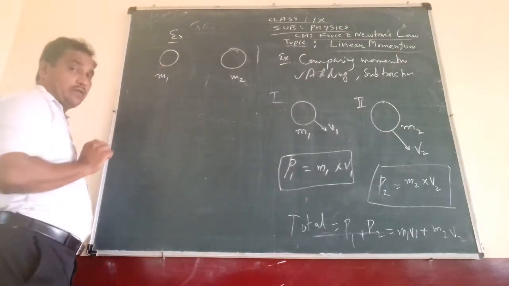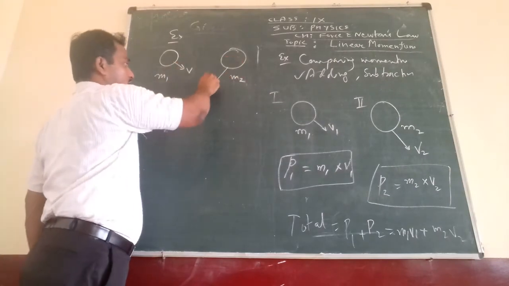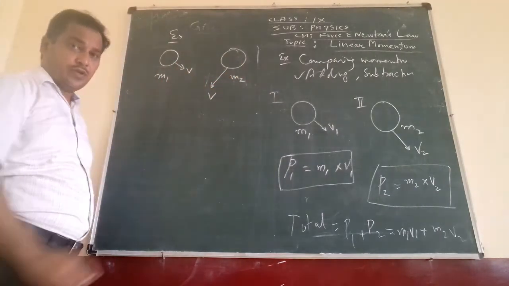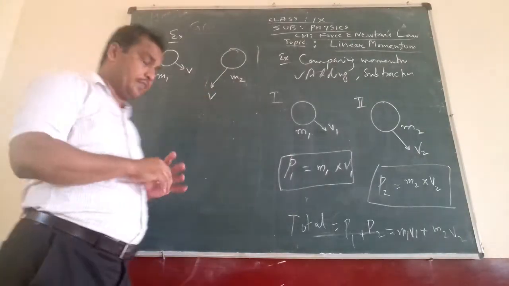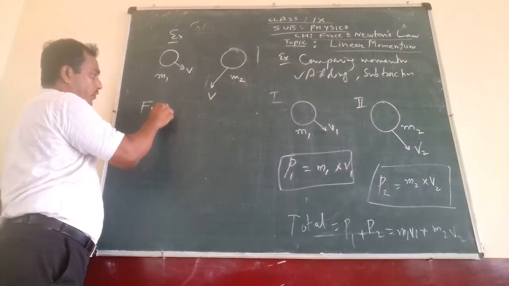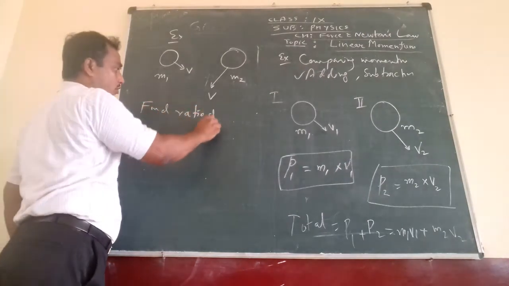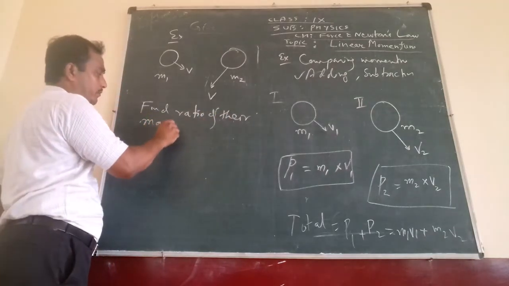Both are moving with the same velocity. The velocity of the first is v, and the second object is also moving with velocity v. So how much will be the ratio of their momentum? If it is asked to find the ratio of their momentum.